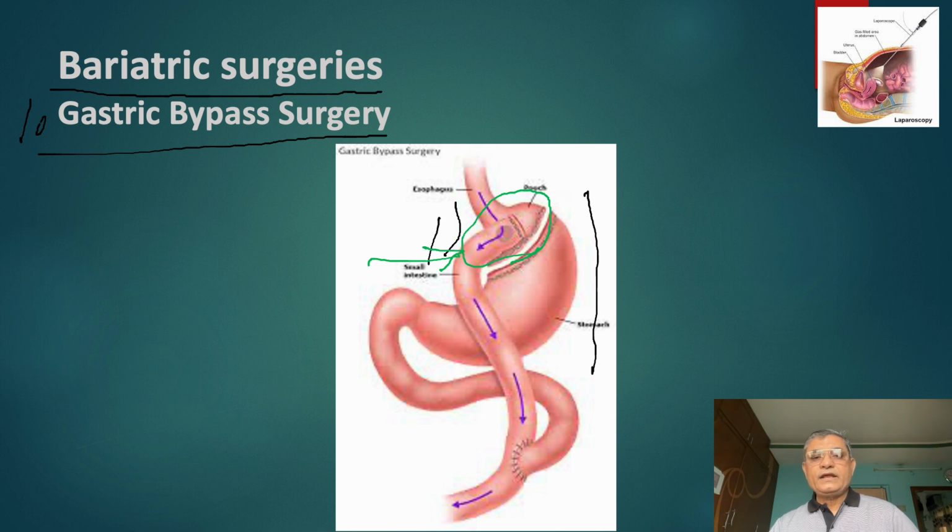So this limits the amount of food that you can eat, as well as reduces the absorption of nutrients and calories. Then we will go on to the next type of bariatric surgery.